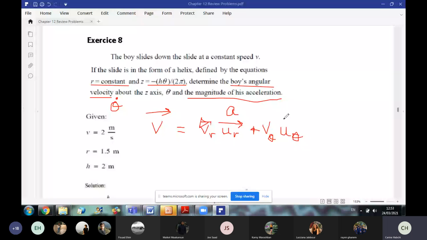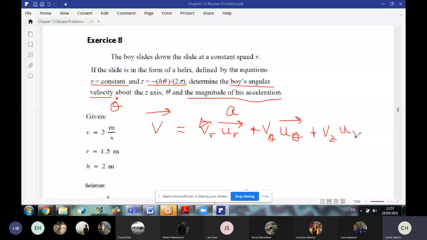And what is v_r? The expression of v_r is the derivative of r with respect to time. So we know that here r is constant. So what is dr by dt? dr by dt will be 0.